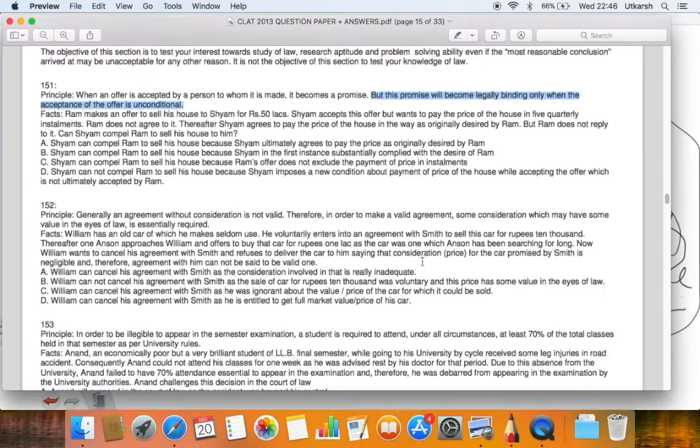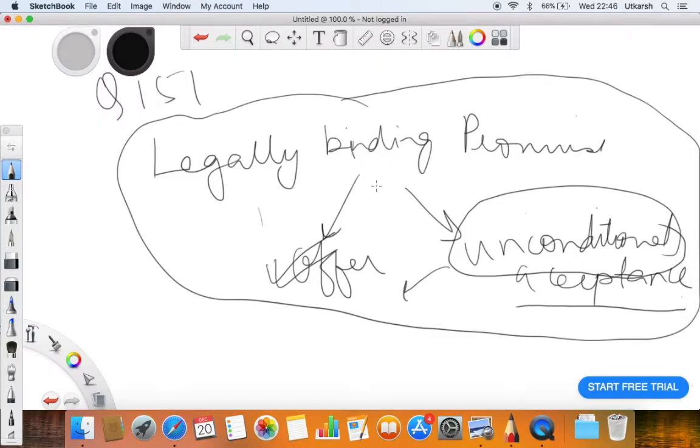From the facts, the only relevant portion is whether imposing another condition of 5 quarterly installments still counts as unconditional acceptance. That Ram does not agree and thereafter Sham agrees is not very relevant, because only when the offer is unconditionally accepted does it become legally binding.